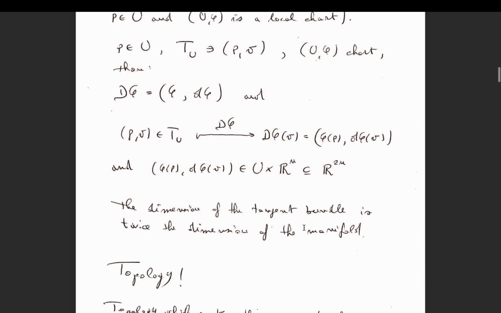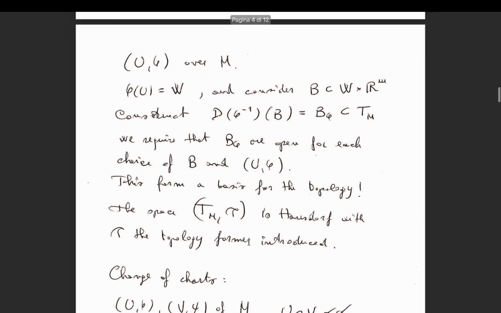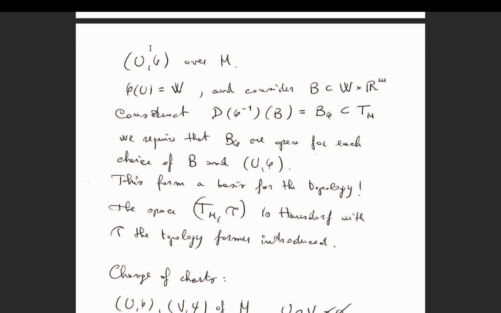First of all, we need a topology. The topology we implement over the tangent bundle is the topology which makes this coordinate homomorphism Dφ continuous. So let's consider, for example, a chart (U, φ), and assume that φ(U) is equal to W. Now consider an open subset of W times R^m.